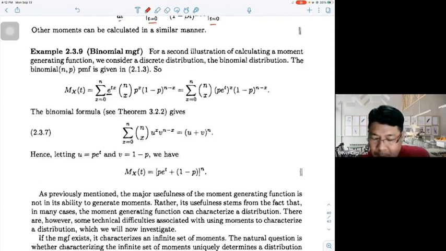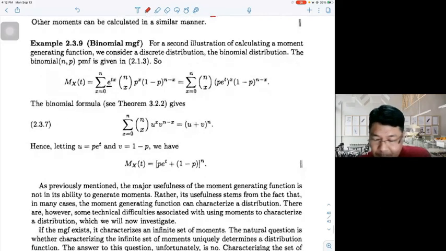Second illustration of calculating a moment: calculating the moment generating function. Say we have a binomial distribution with n number of trials, and the probability of success is p.